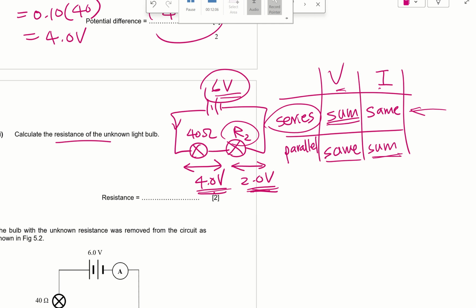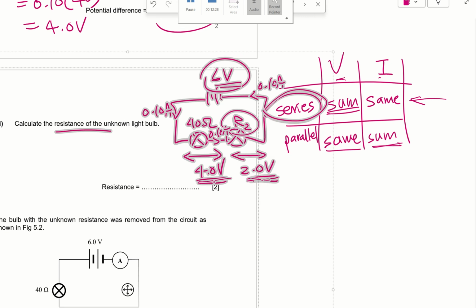Just now, I know that the current that flows in the circuit is 0.10 ampere. And we know that this is a series. Therefore, the current that flows through the R2 is 0.1. The current that flows in the entire circuit is 0.10 ampere, because there's only one path, so the current should be the same.